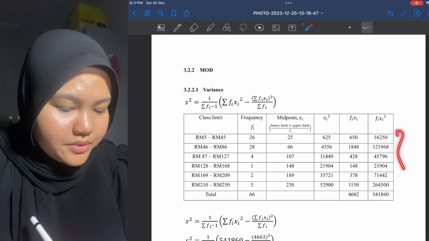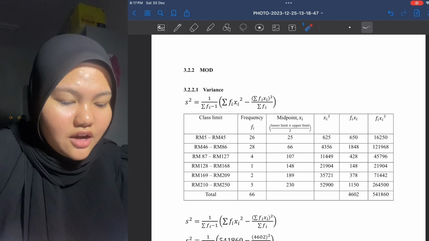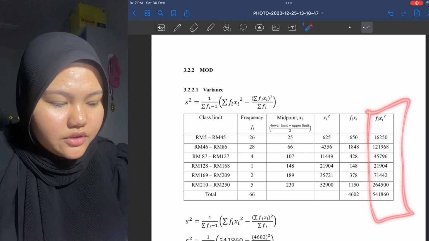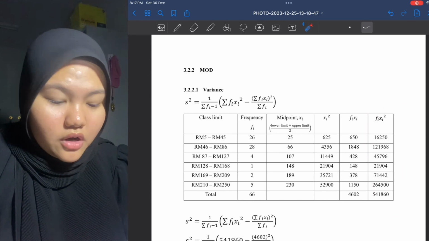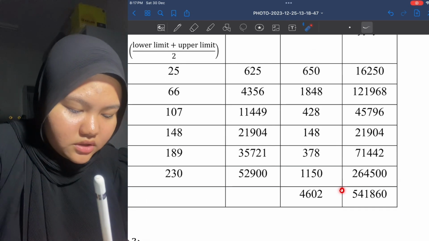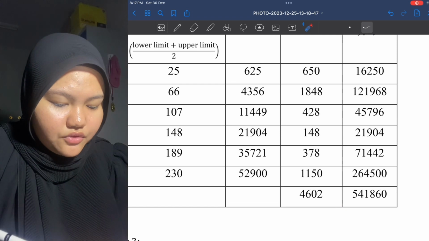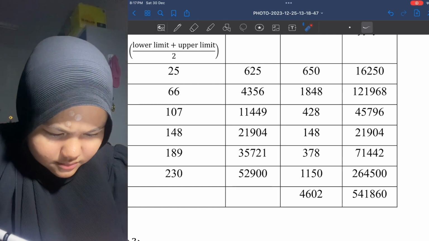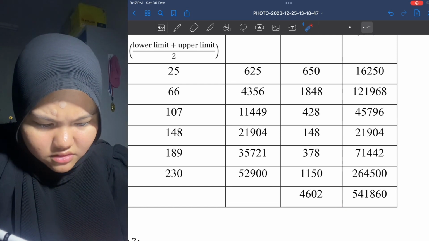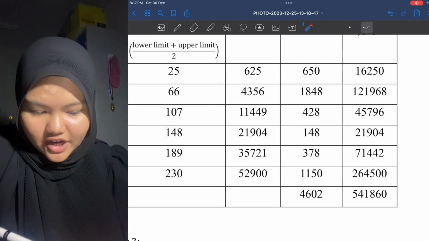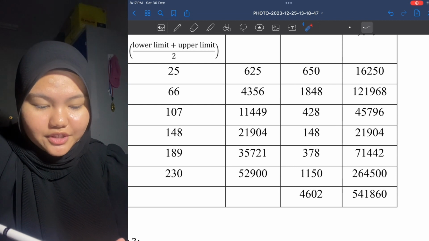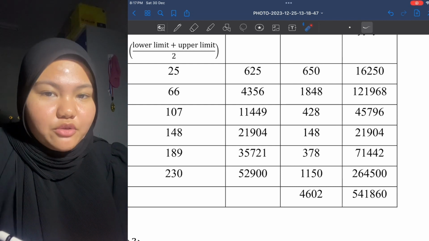You have to repeat until you have all the data for the frequency multiplied by midpoint to the power of 2, and you will get the total, which is 5,041,860.